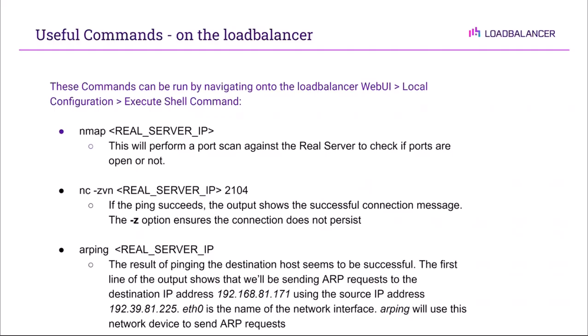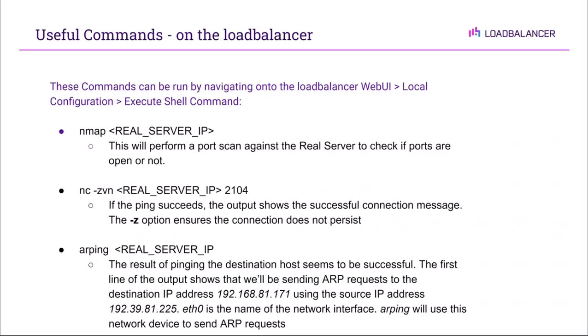It will also point out if there is a firewall on that port. So if the port is listening but is being filtered by a firewall, this will also be shown. And obviously, if there is a firewall in between the load balancer and the real server blocking that port, then the load balancer is not able to carry on with the health checks, so you will see that server as down even though it isn't.